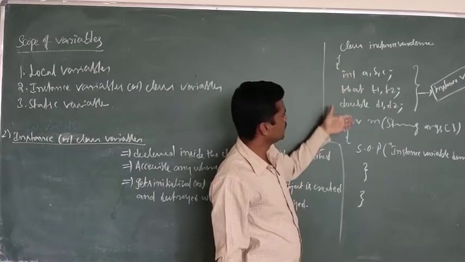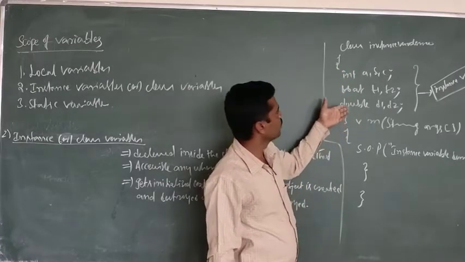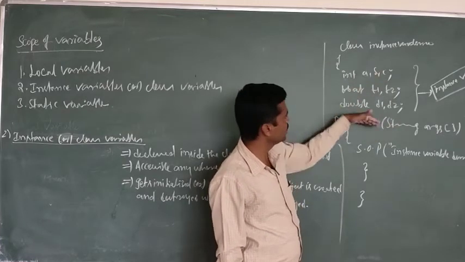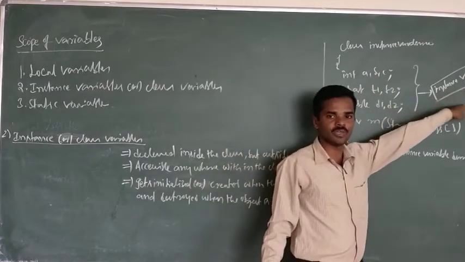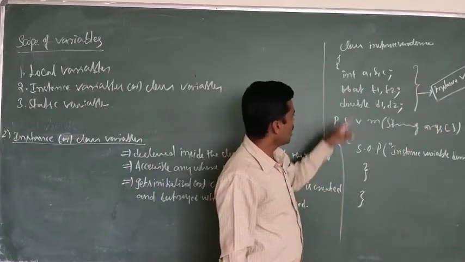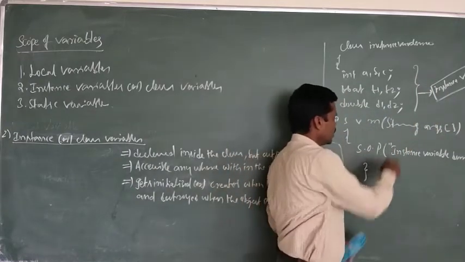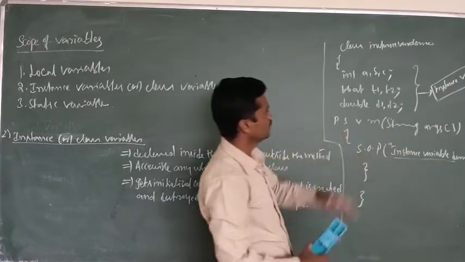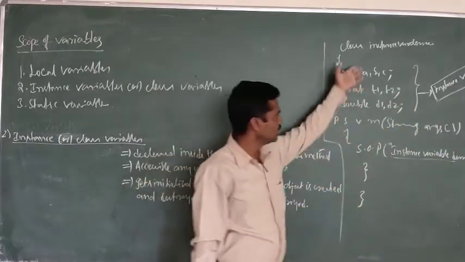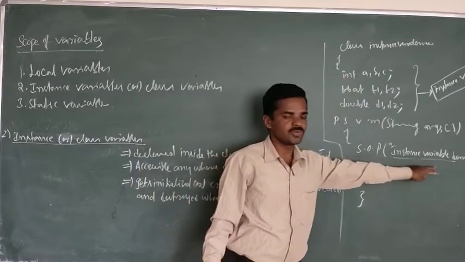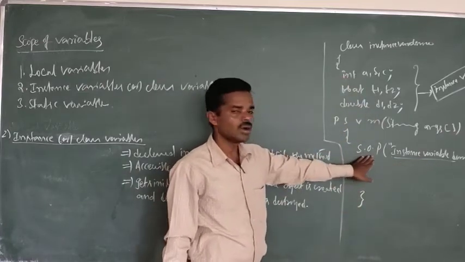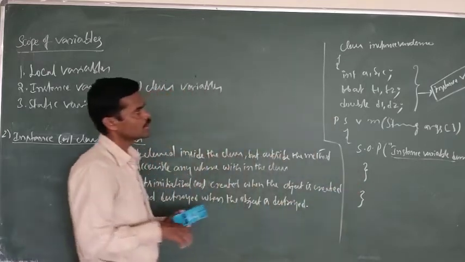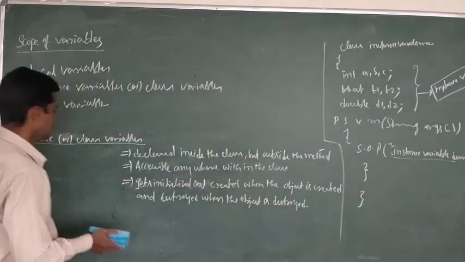All these three different types of variables are declared inside the class, outside the method, so they are called instance variables or class variables. After that the main method starts. Inside the main method, I am just indicating that this belongs to the instance variable demo. That is one output statement. Then the end of the method, the end of the class. This is one simple example for instance variables.